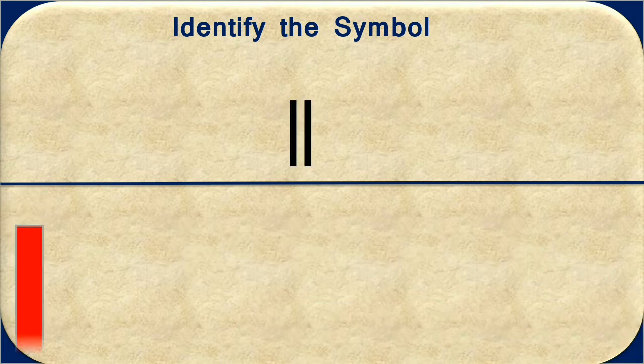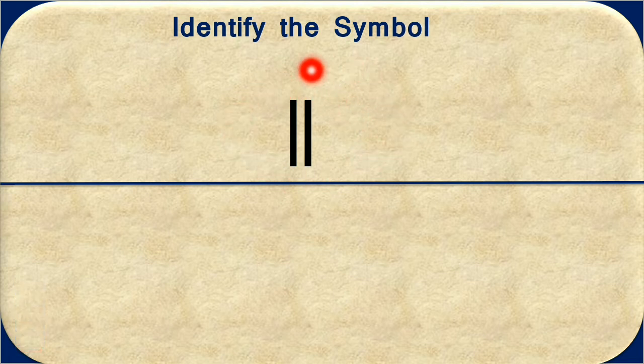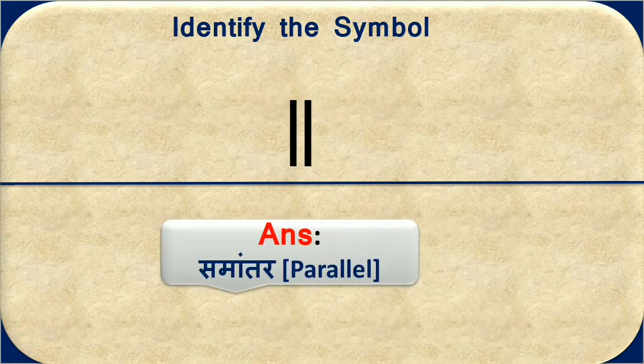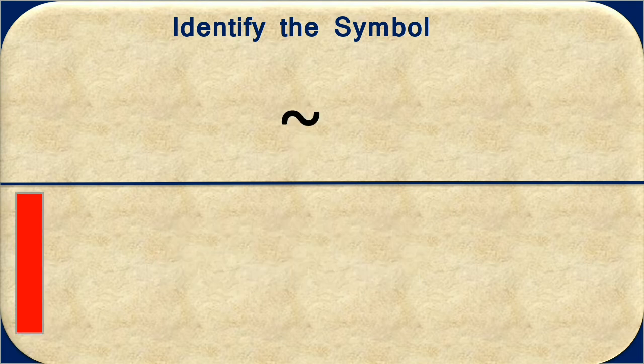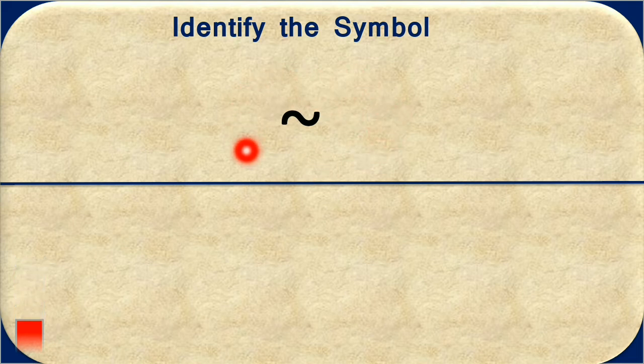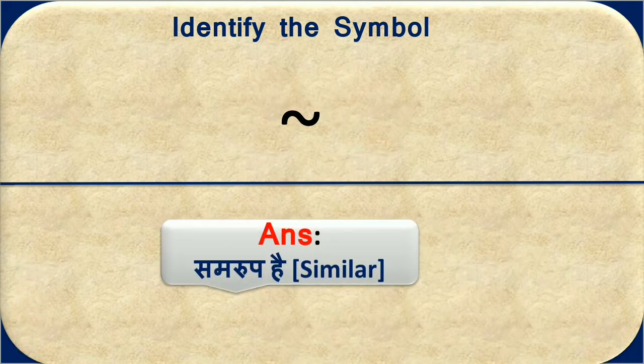This symbol is of. Here these two lines are equal in length. This is parallel sign. In Hindi we call it as samantar. Identify this symbol. This symbol is of similar. In Hindi we call it as samroop hai.